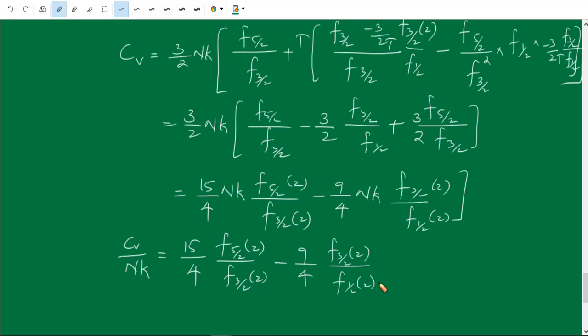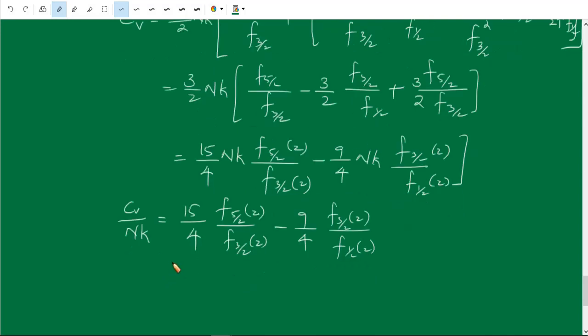Okay, so this is the actual expression for the specific heat capacity of the Fermi system. So we have found PV by KT, then number of particles, then internal energy and specific heat.